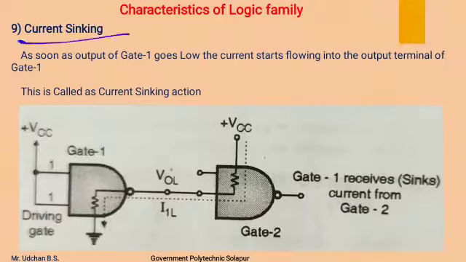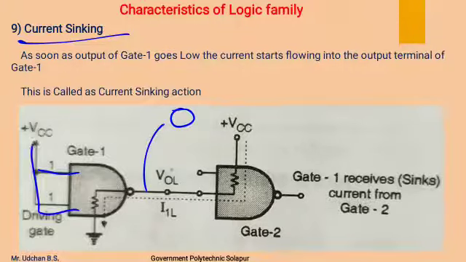Now the current sinking characteristic. As soon as the output of gate 1 goes low, that is, here we get 0 output. When we connect both the inputs of gate 1 to logic 1, then we will get a 0 output. Now as the output terminal of gate 1 is at 0, it is connected to the ground through this resistor.